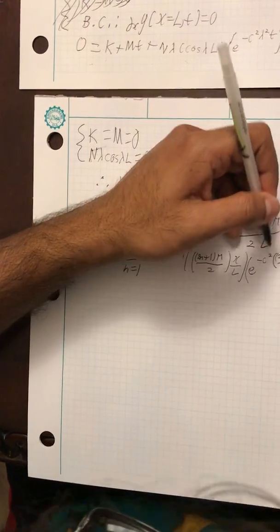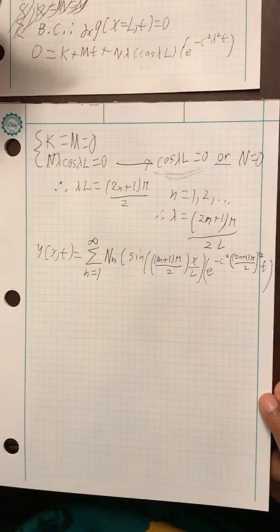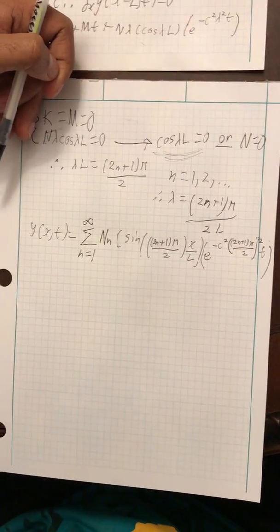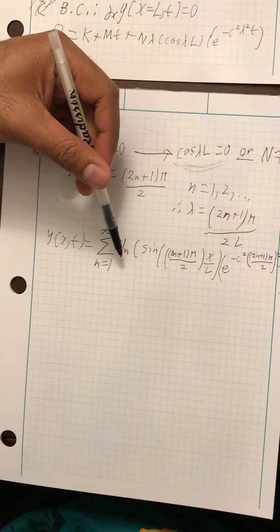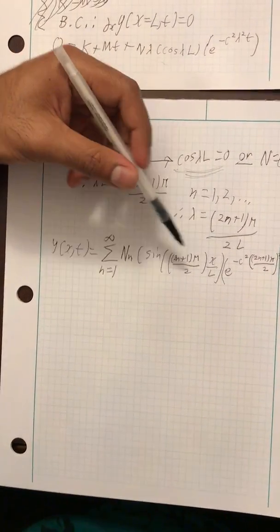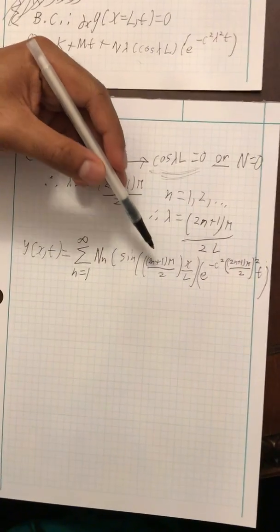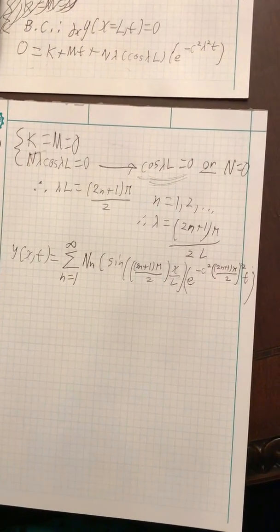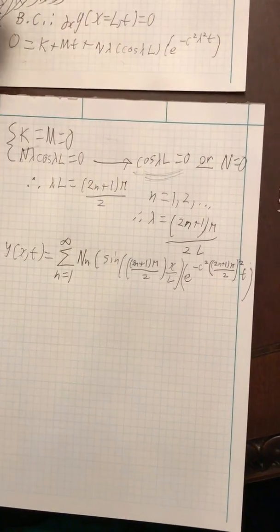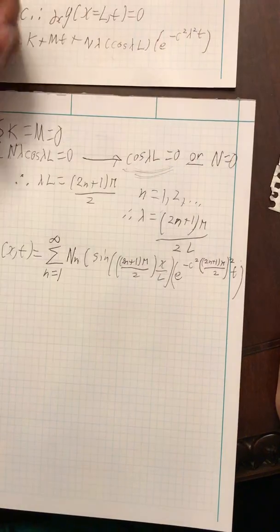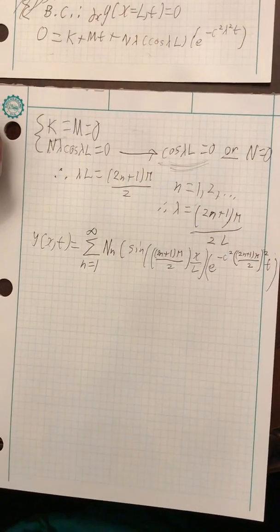Now, all I did really to get from what I did before to here was I put the b_n here to factor in for all the different n values. And over here, instead of writing lambda, I wrote the other form for lambda, what I got, and I just pretty much plugged it in.